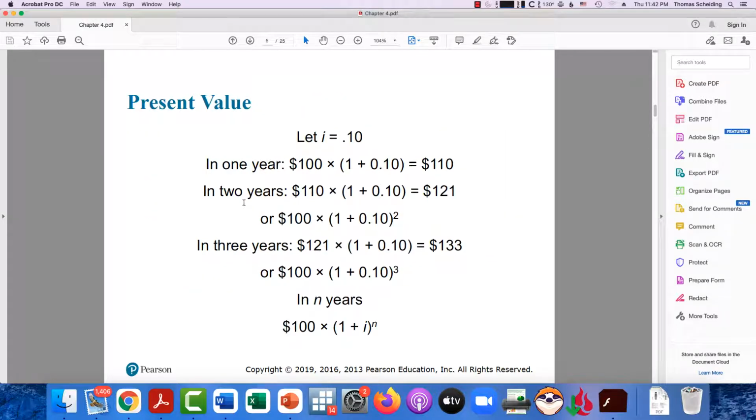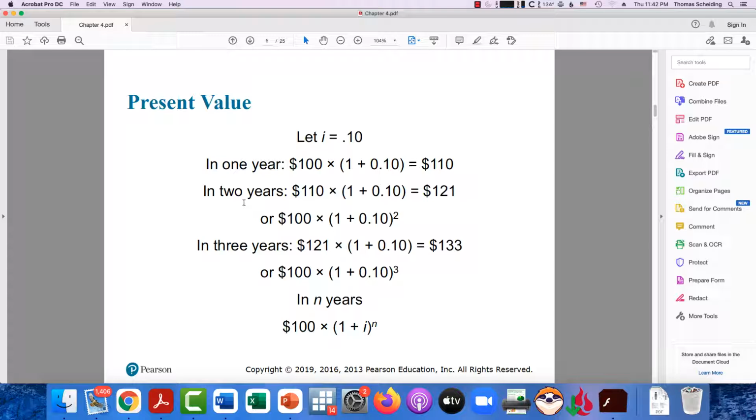Let's look at the equation for those of you who think in terms of equations. Let's presume that the interest rate is 10%. Okay, so here's the issue. As you can kind of see with these equations here, we're talking about things in terms of $100. So let's set up this scenario.